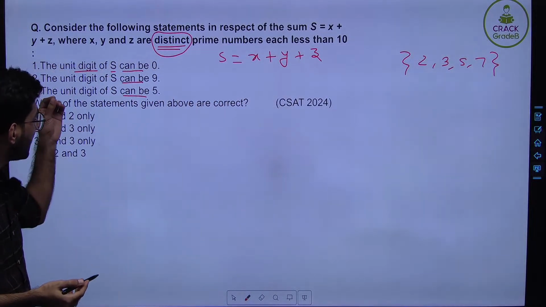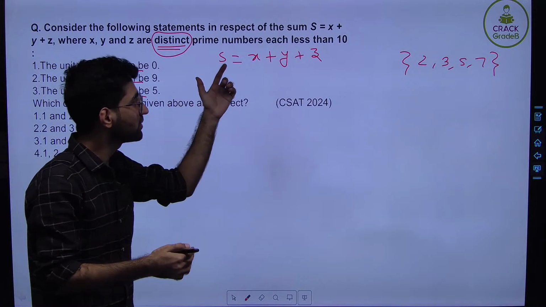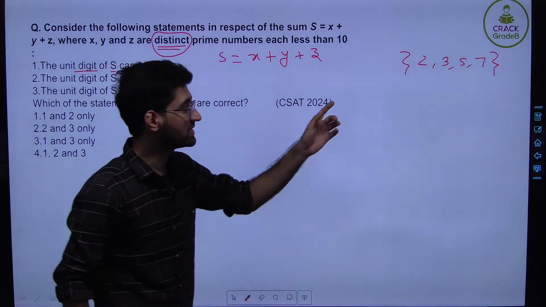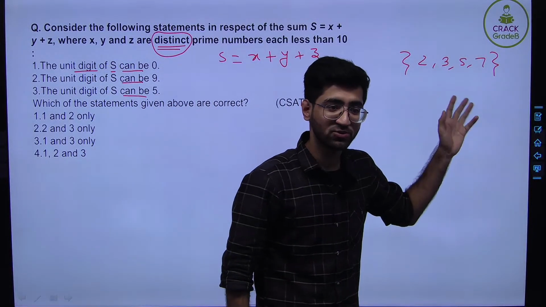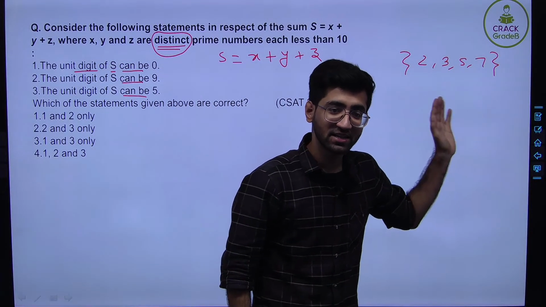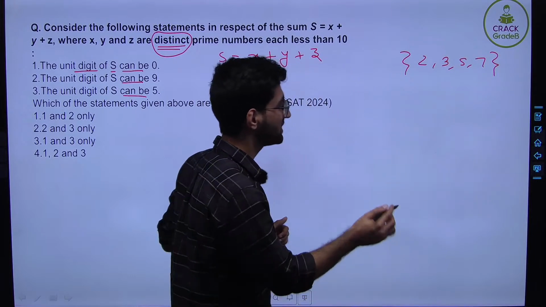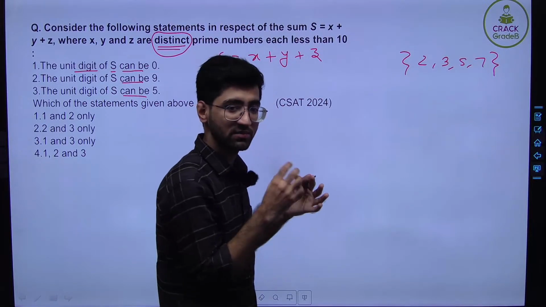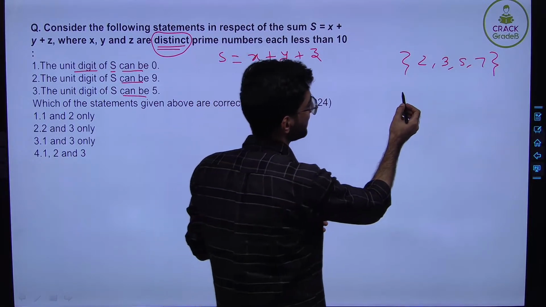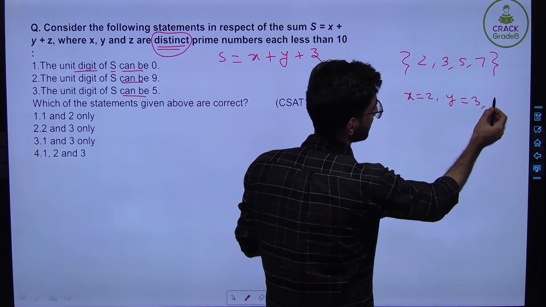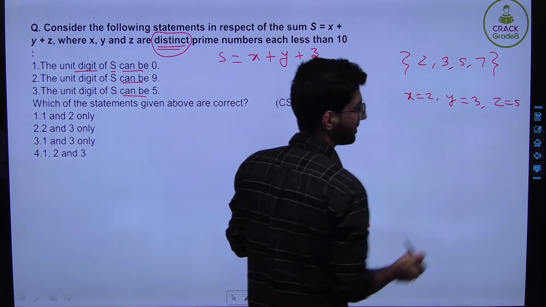Now we will have to find the possible values of s, right? These are possible values of x, y and z, so there are many possible values of s. Now try to think, see, we are solving this question by using a simple approach. Okay, let us assume that x is 2, y is 3 and z is 5. Are you able to get this point?